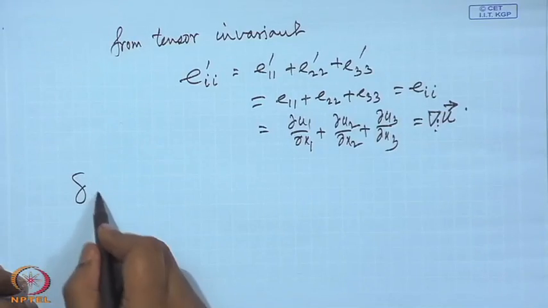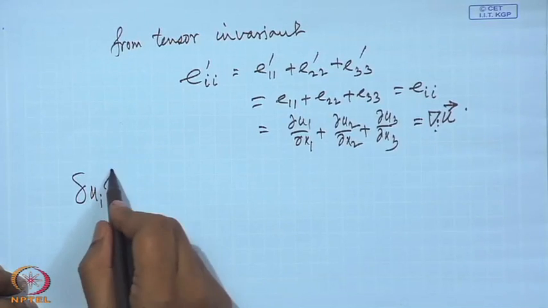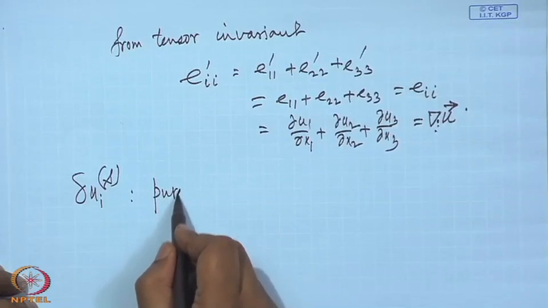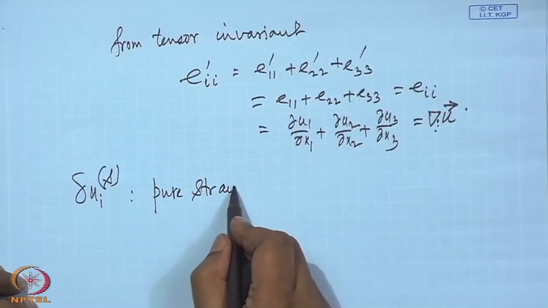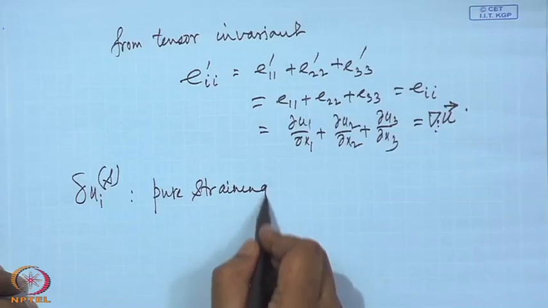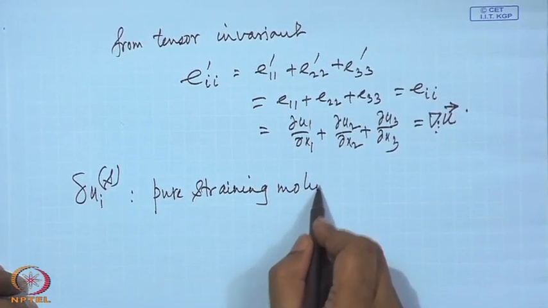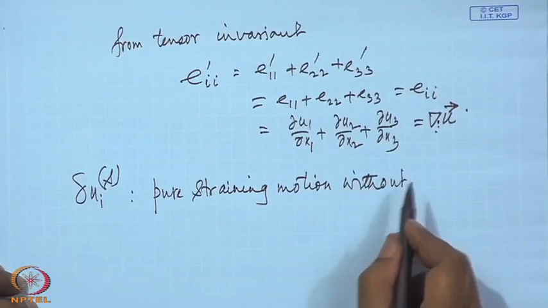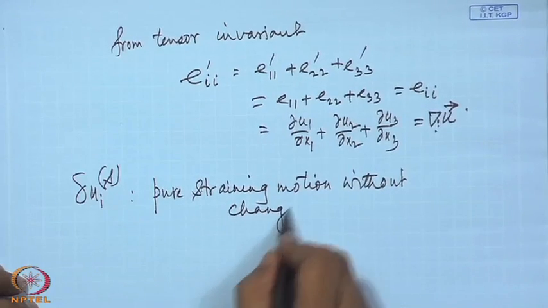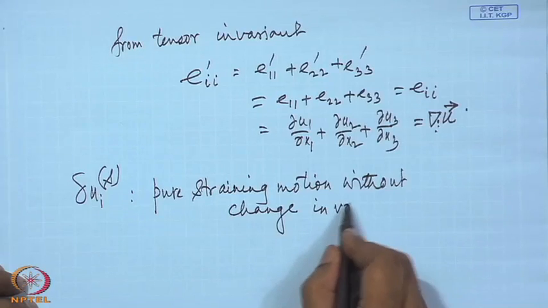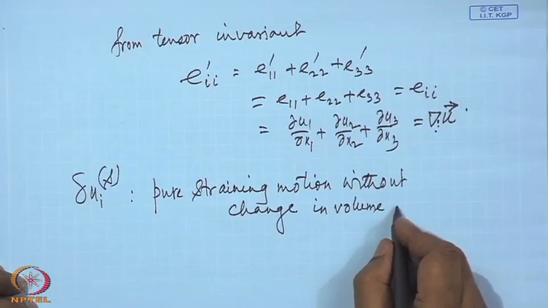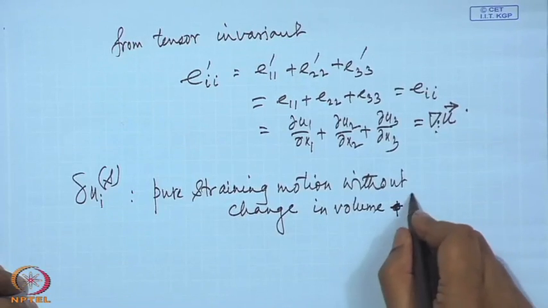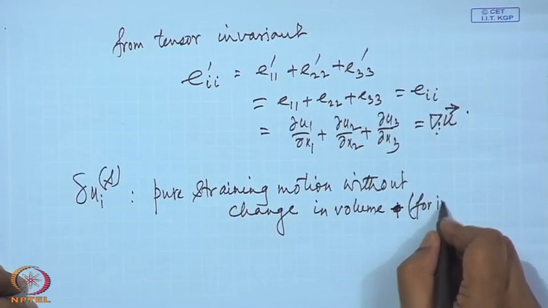So, to summarize, let us write that this delta u s represents a pure straining motion without change in volume, and this is only for incompressible flow, only this much.